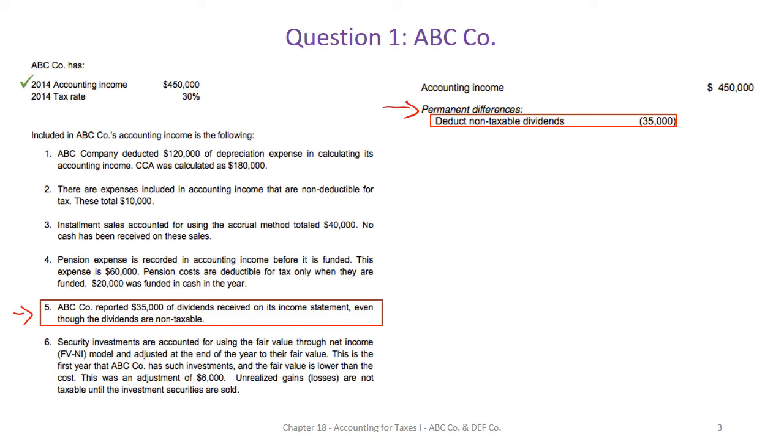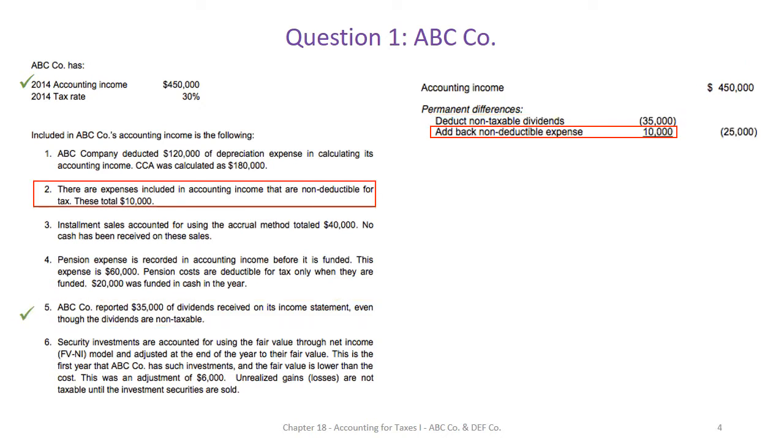Included in the accounting income are dividends of $35,000, but those dividends are not taxable, so they must be removed by deducting them, lowering the income by the amount of the dividend revenue included in the income statement number.